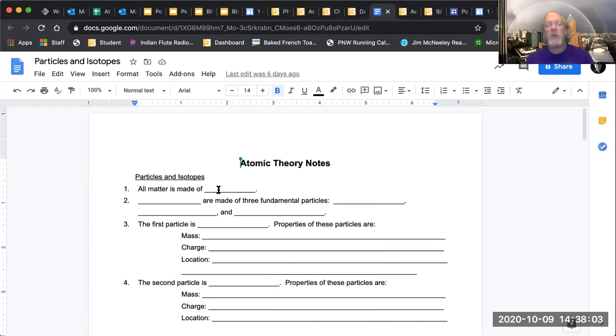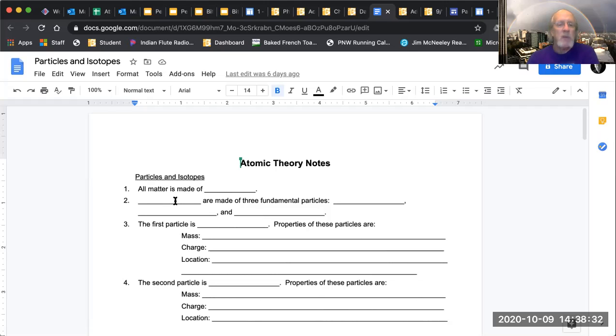If we divide that further, yes, we can, but then we don't have lithium anymore. If we have gold, we can separate gold atoms from other gold atoms until we end up with one gold atom. And that is as small as we can go. If we go smaller and take that apart, we end up with subatomic particles, that's where that word comes from. So all matter is made of atoms.